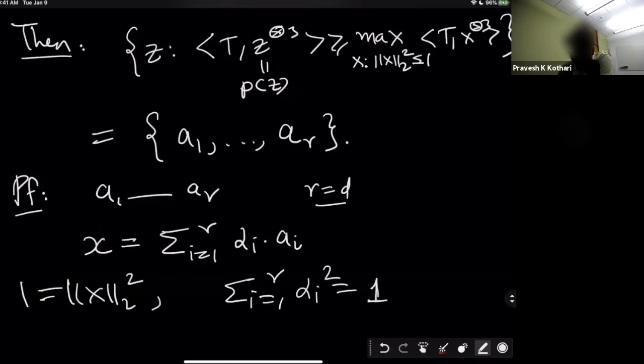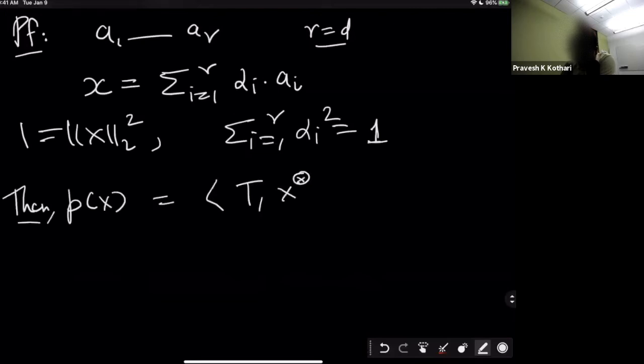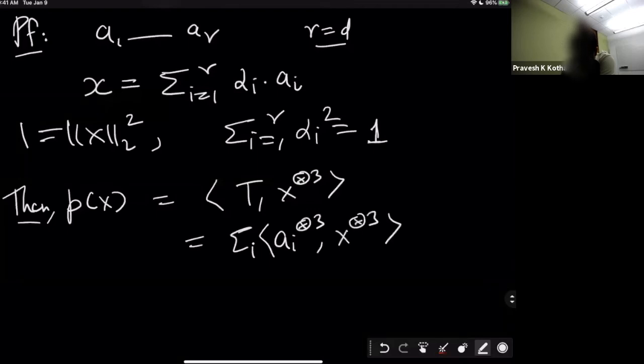Good. So now let's compute p of x. Then p of x equals T dot x tensor 3, which equals the sum of a_i tensor 3 with x tensor 3.